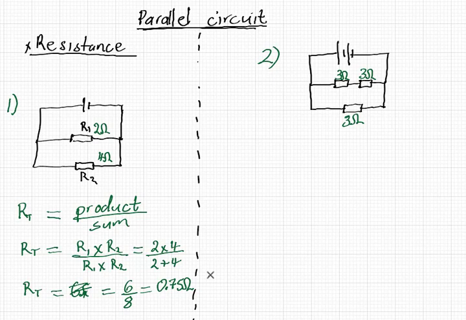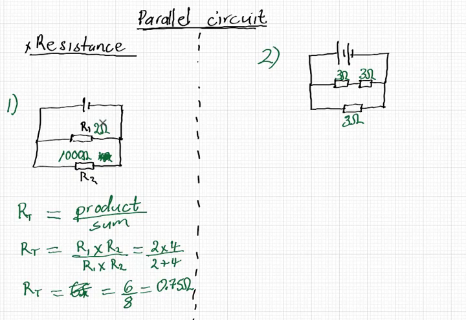Actually, even if this resistor was, say, I'll just change this one, even if it was 1000 ohms, the total resistance will always be 2 or less than 2.